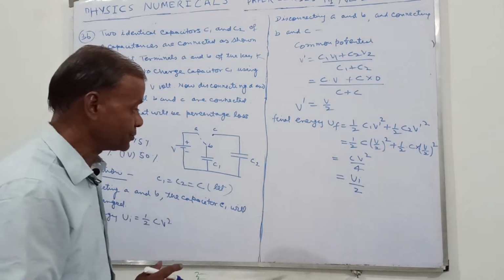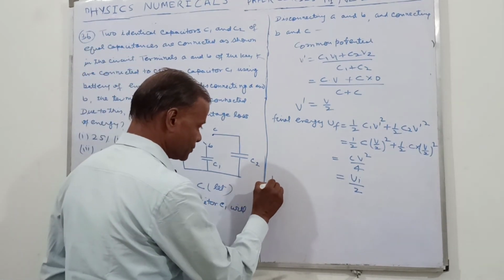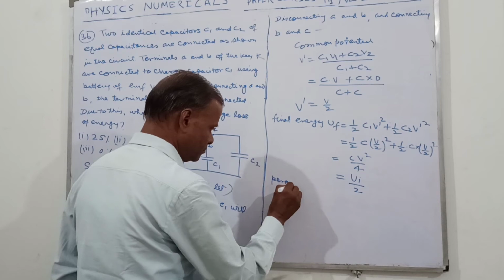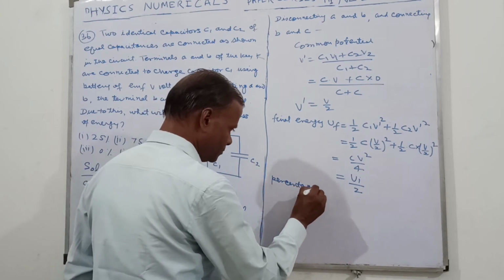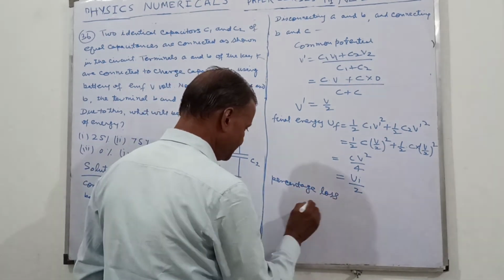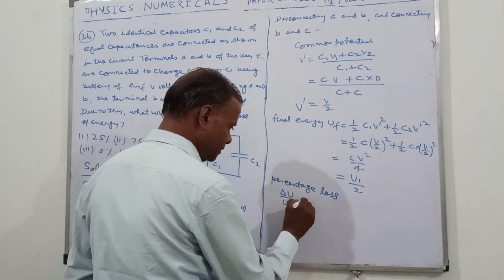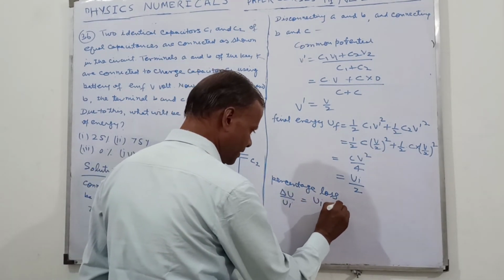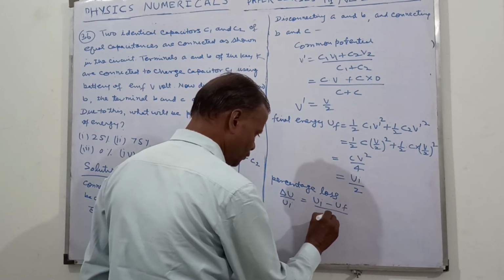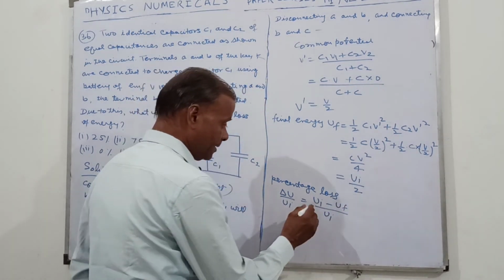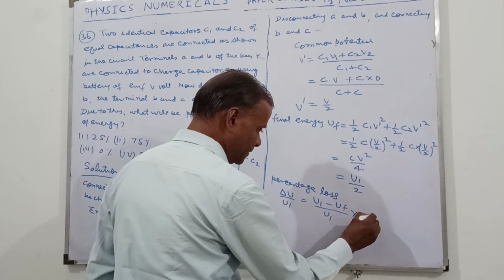How much is the loss? The percentage loss. Delta U upon Ui is equal to (Ui minus UF) upon Ui. Simple formula; for percentage you multiply by 100.